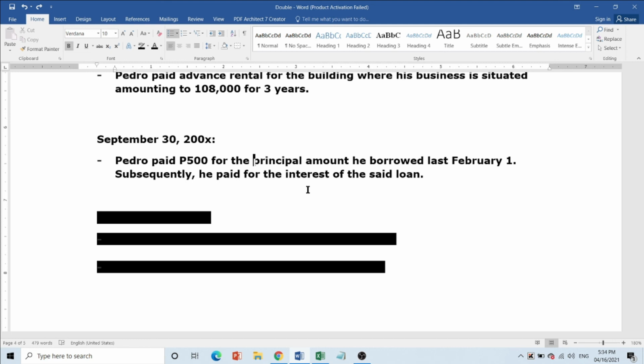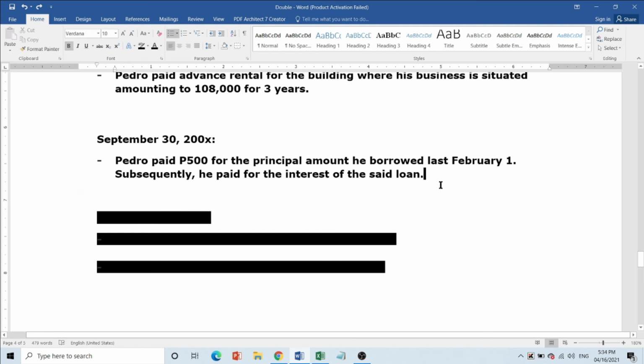Syempre, kasi kung nagbaba ang ating expense, normally tataas ang ating income. Kaya tumaas si income, tataas din ang ating equity. So we must take note of that.